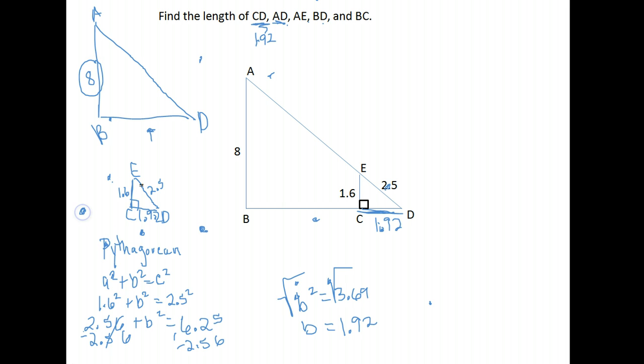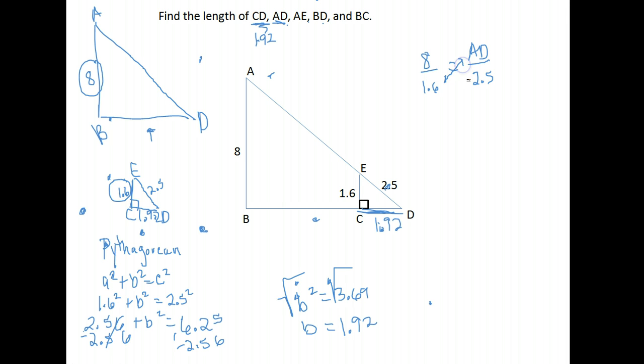It corresponds to this side down here, 1.6. So I can set up 8 over 1.6 should equal, now let's go with our other triangles. On the large triangle, I don't know AD, the slanted side, but on the small triangle my slanted side is 2.5. They correspond to each other.